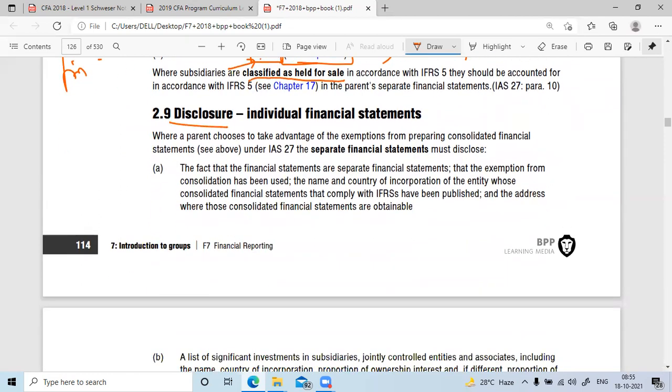Then definitely the disclosure column. See, every standard you are going to study in this reporting book, 3 things you are going to learn every time. First is recognition criteria.